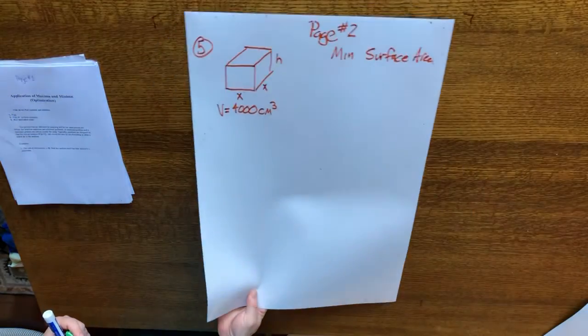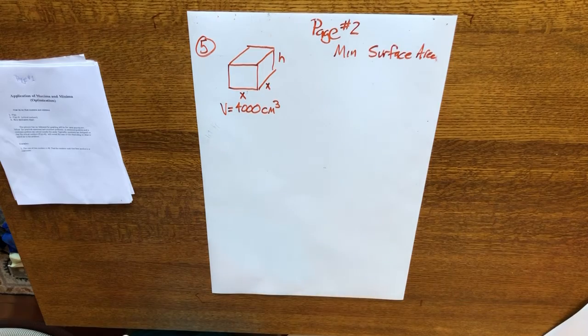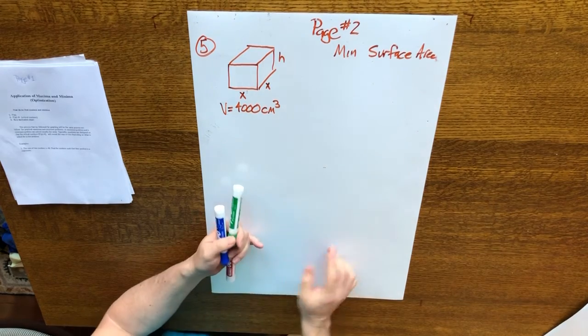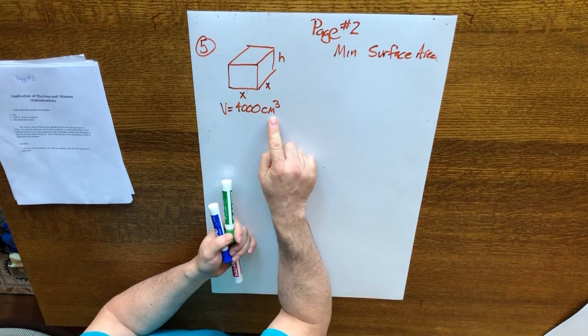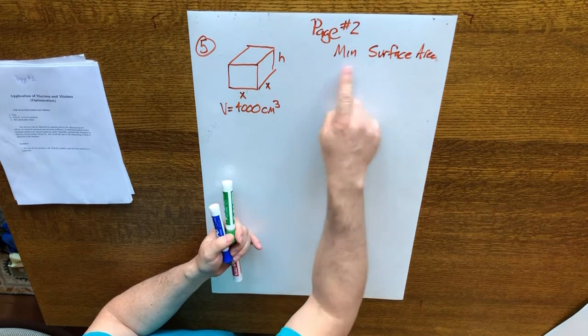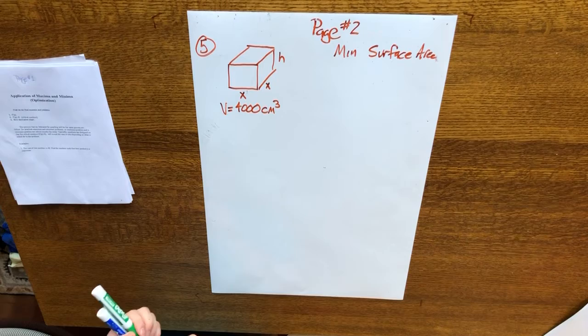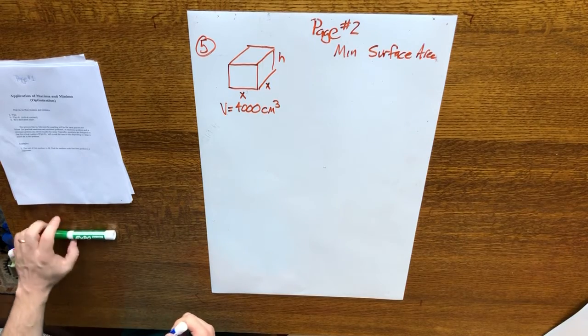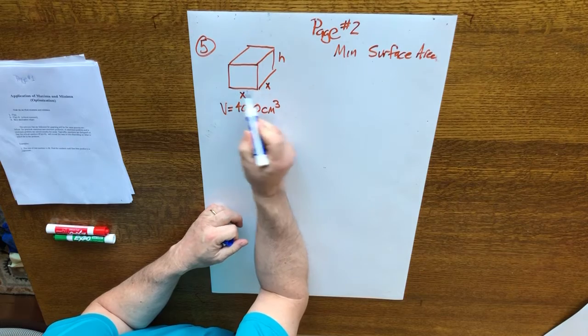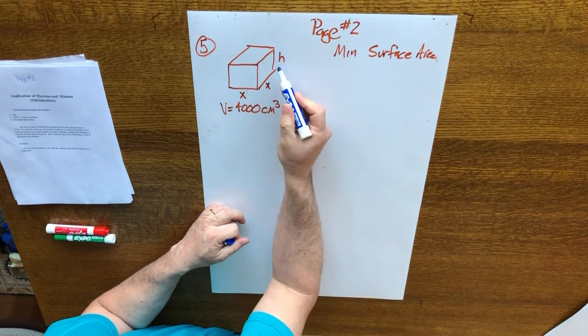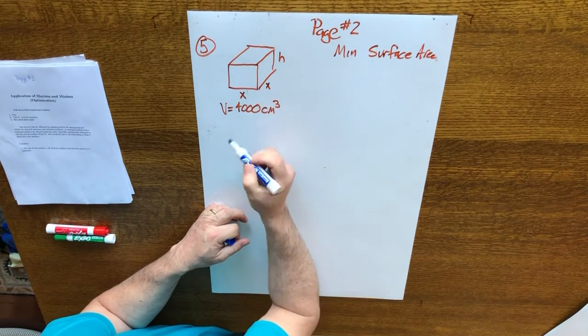The next question we're going to take a look at is number 5. In question number 5, they give you a rectangular prism with an open top, and it has to have a volume of 4,000 centimeters cubed, and you want to minimize the surface area. So it's a square-based box with an open top, and you can see my dimensions are x times x for the length and the width since it's a square base, and then h for the height.